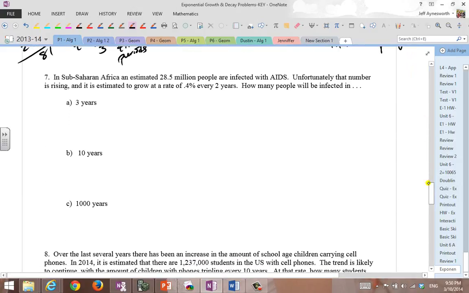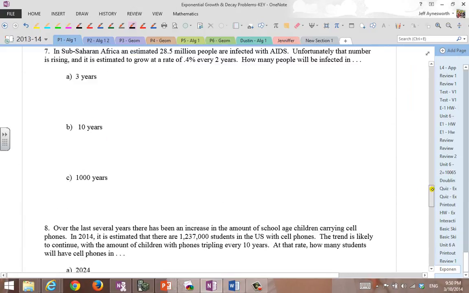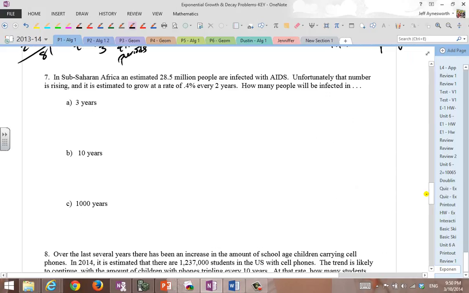All right, so let's take a look at this one. Number 7 here. How many do we have to do? 9. Okay. So number 7, in sub-Saharan Africa, an estimated 28.5 million people are infected with AIDS. Whoa. Wow. That's amazing.